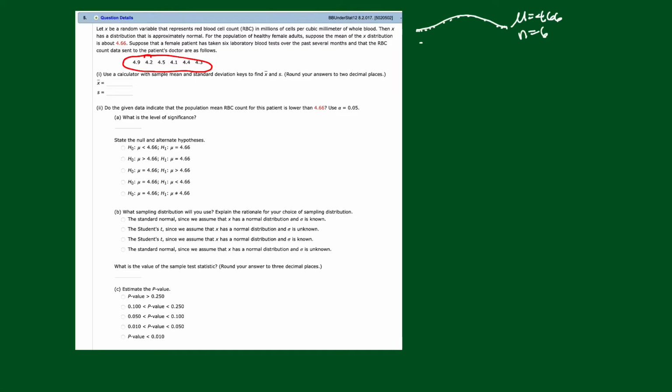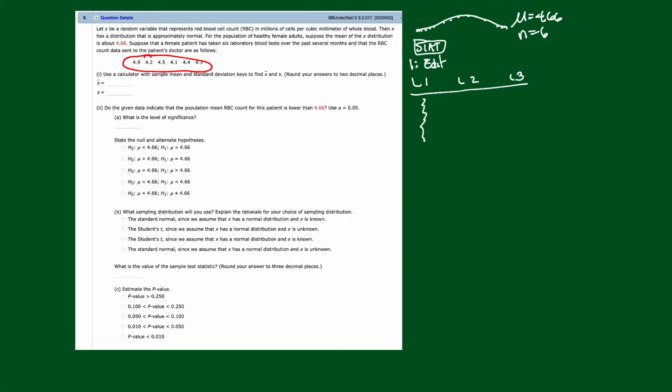So go to Stat, select number 1, which is Edit. When you press Edit, you're going to get 3 lists. There's actually 6, but we can see only 3. You probably have data in here already, so you want to clear it out.